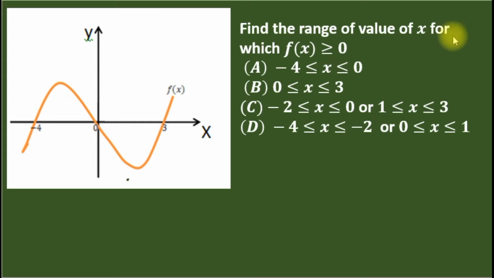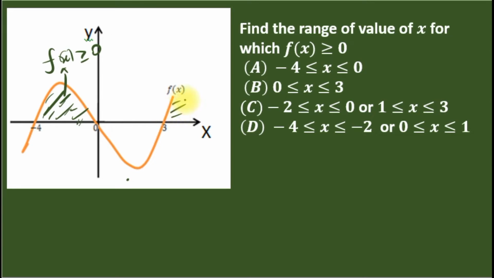Let's find the range of values of x for which f of x is greater than 0. Greater than 0 means positive. That's y is greater than 0, meaning the upper part of this. As you can see, this is f of x. So the intervals here are positive. f of x is always greater than or equal to 0.